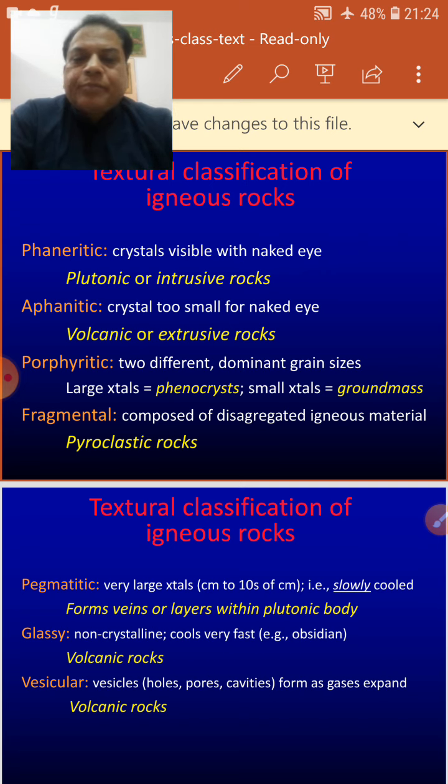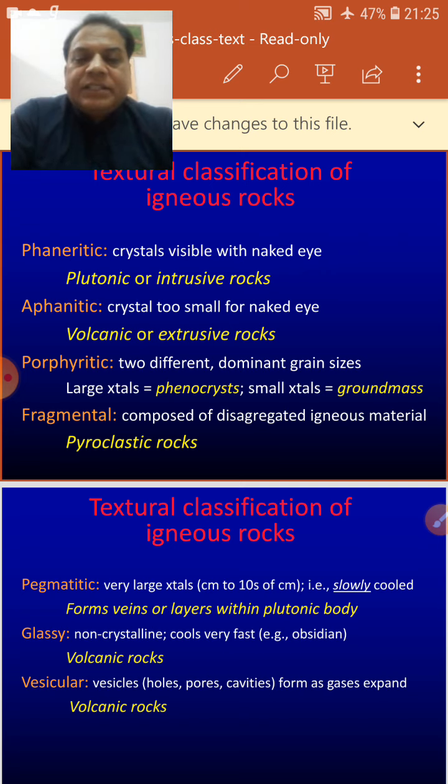Whereas if a rock is in a crystalline state, but we cannot identify the crystalline state with naked eyes, and we have to take the help of the microscope, naturally that is aphanitic, and it is a characteristic of your volcanic or extrusive rocks. For example, you can take rhyolite, dacite, trachyte, basalt. These rocks will have the aphanitic texture.